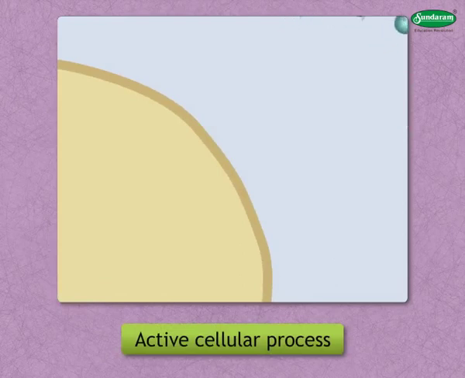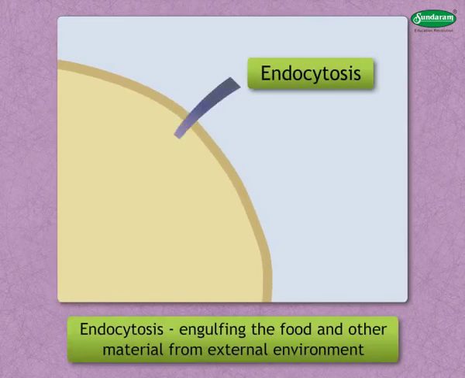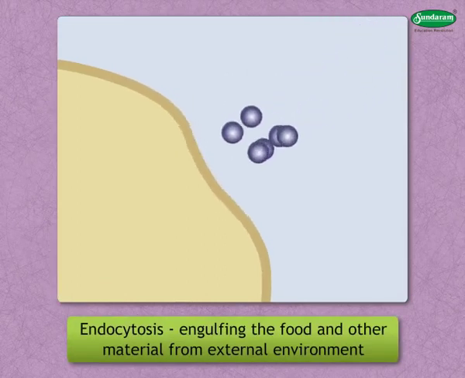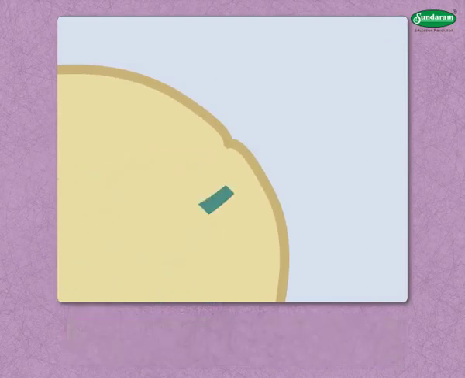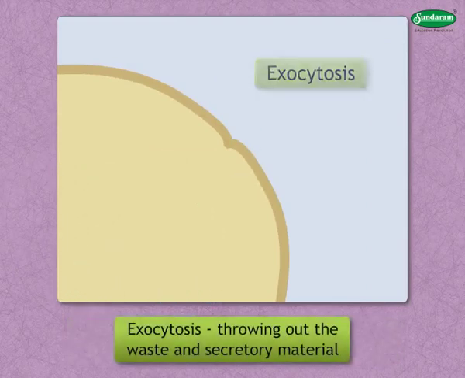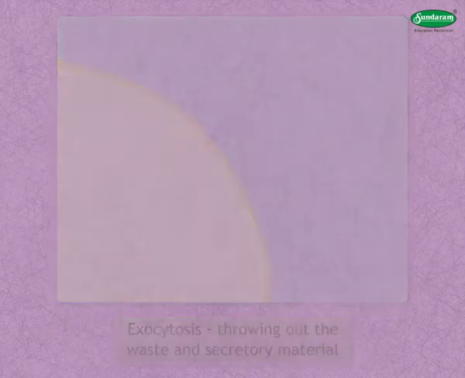These active cellular processes need energy. They are called endocytosis, that is, engulfing the food and other material from external environment, and exocytosis, that is, throwing out the waste and secretory material.